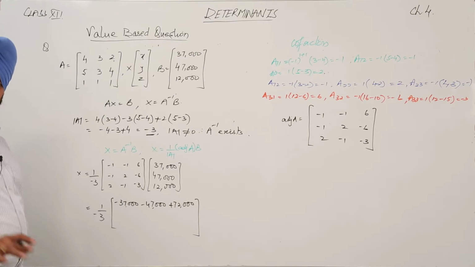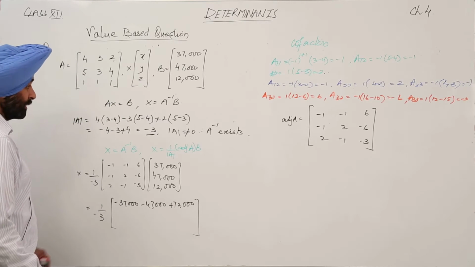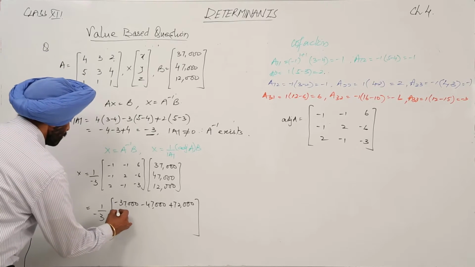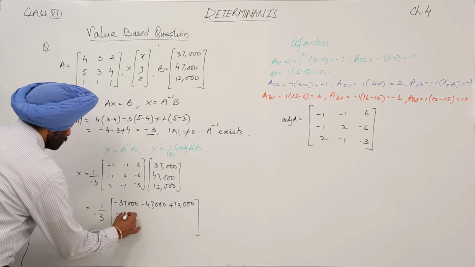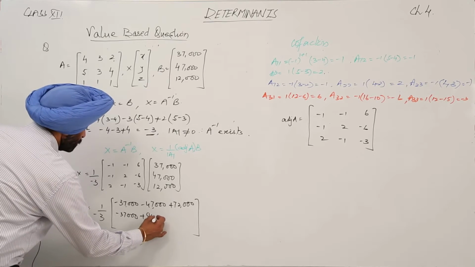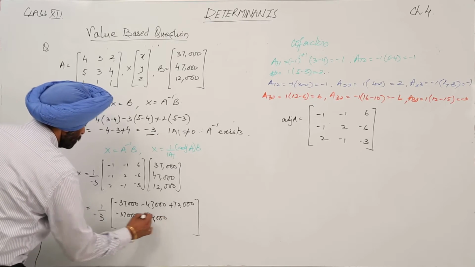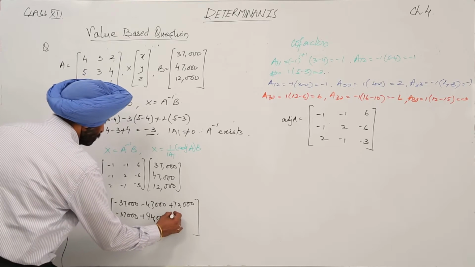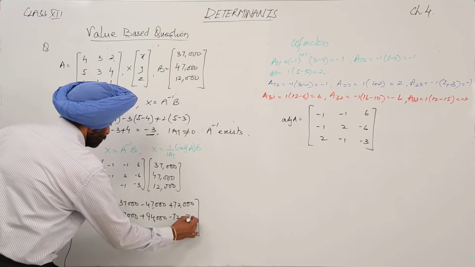So first row, first column. Now second row, second column, we are having minus 37,000 plus 94,000 minus 72,000.